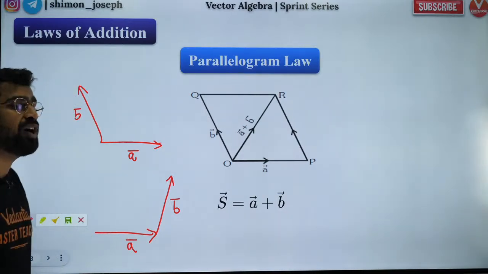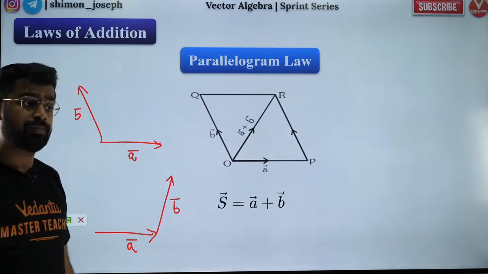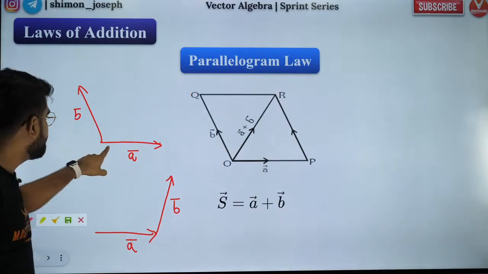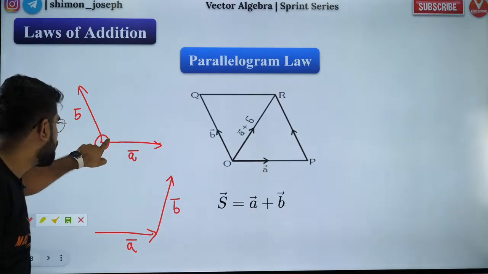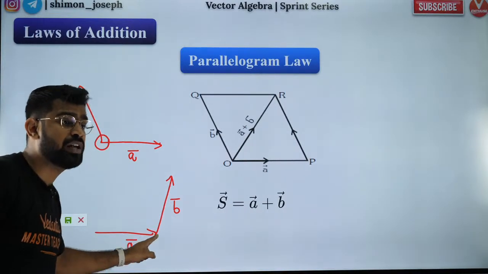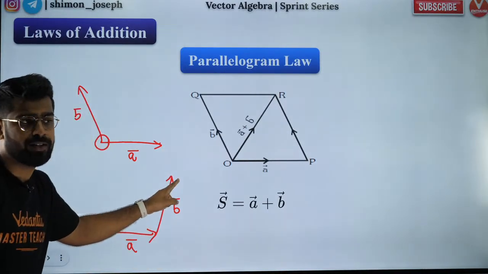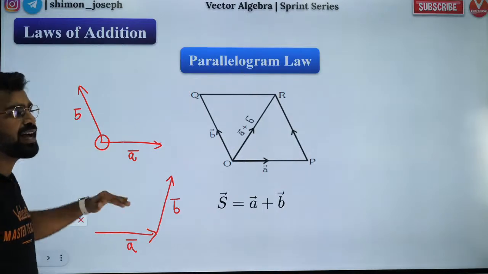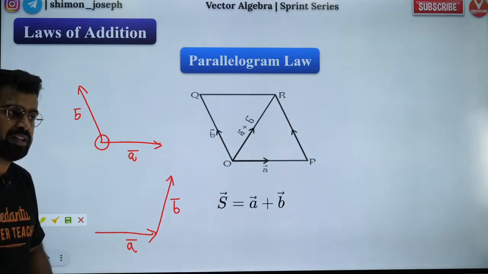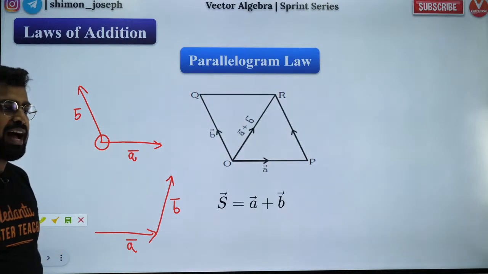You have to observe these on your own and pay attention. This is the parallelogram law, where they have the same initial point. In the triangle law, wherever one vector ends, from there I start the second one. So that's the difference. The triangle law and parallelogram law are not the same. Clear? Are you all happy with it?